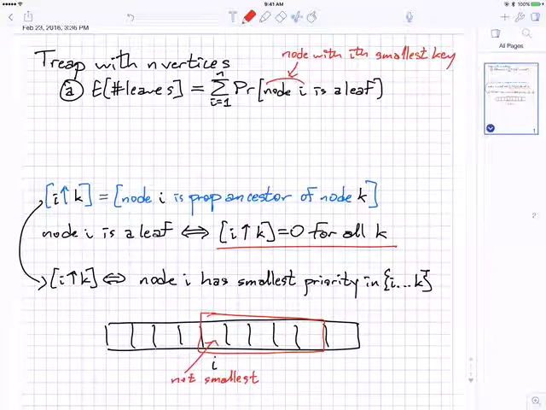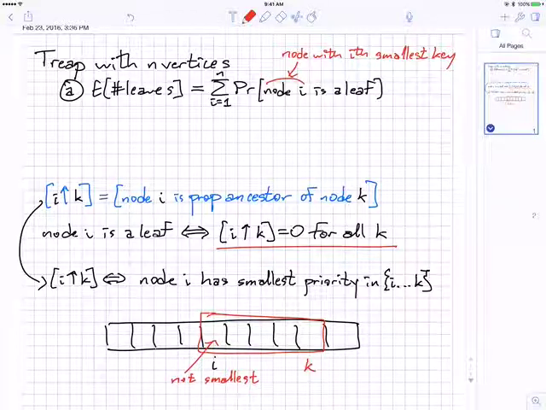Okay, so the key to the treap analysis was that because the priorities are generated uniformly at random from a real interval, they're all going to be distinct.